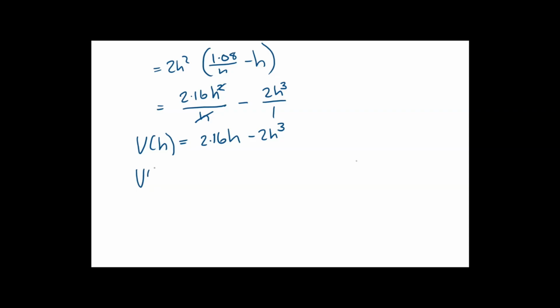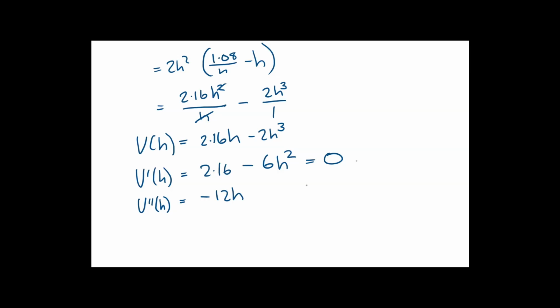So let's differentiate that with respect to h. So we get 2.16 minus 6h squared. Yes. And to find the turning point, the minimum or maximum, we set that equal to 0. First thing I'm going to do though, I'm going to differentiate that again so we know whether it's a maximum or minimum. This is going to be minus 12h.